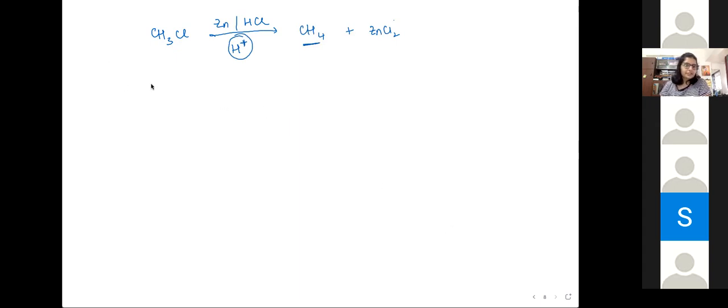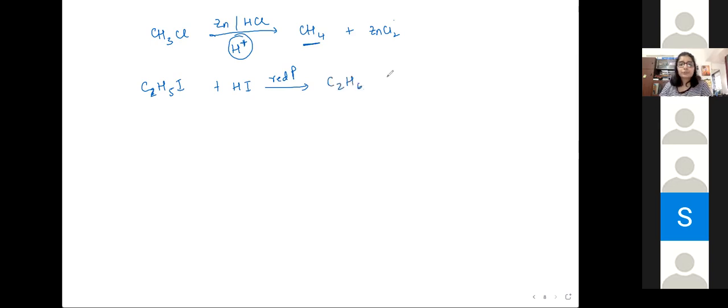Similarly, for the other reagent that we discussed, let's say you have ethyl iodide, C2H5I. If I treat it with HI in the presence of red phosphorus, predict the products here. C2H6 plus 2I.